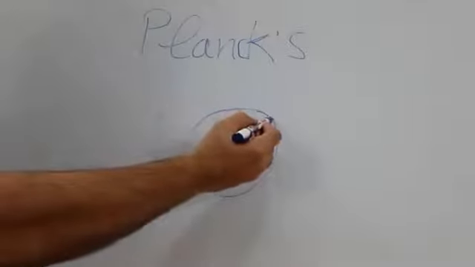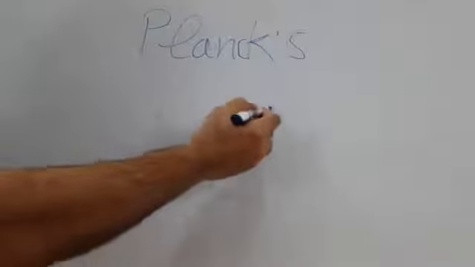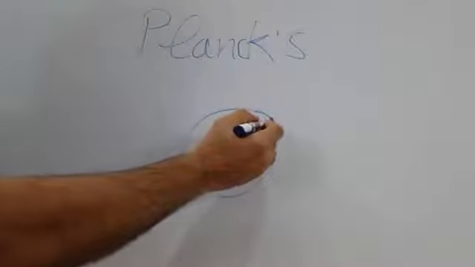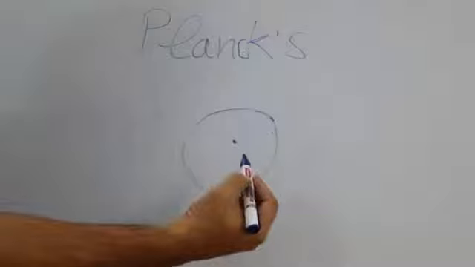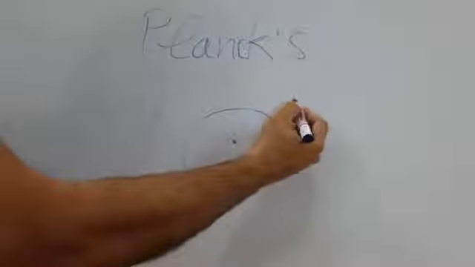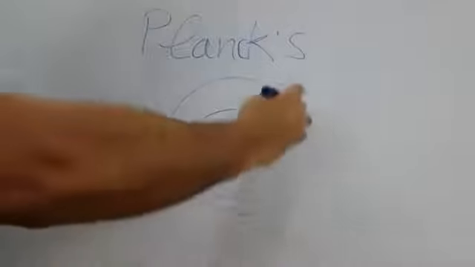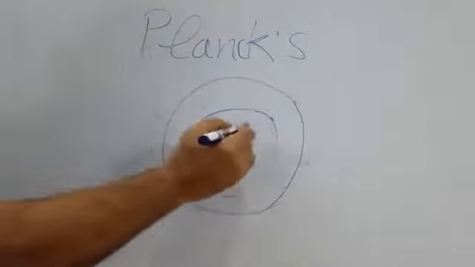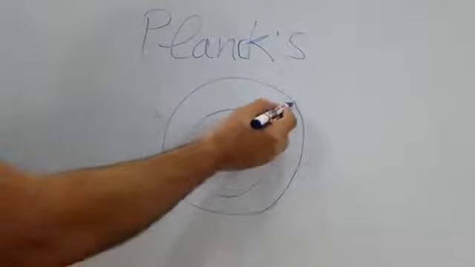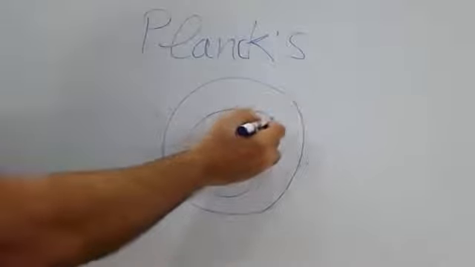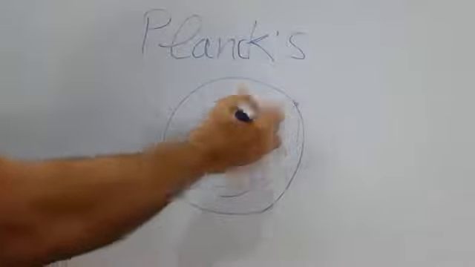That is why, suppose here this is the electron. If it absorbs energy, it can absorb a certain minimum amount of energy to go up, and it cannot absorb any other amount of energy intermediate between this, means that photon won't be absorbed.